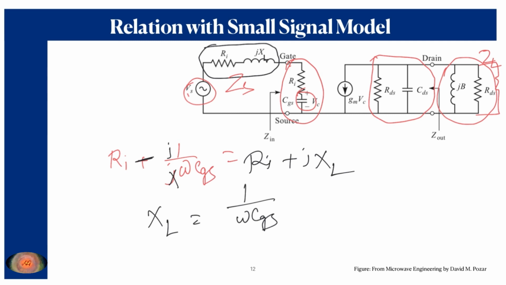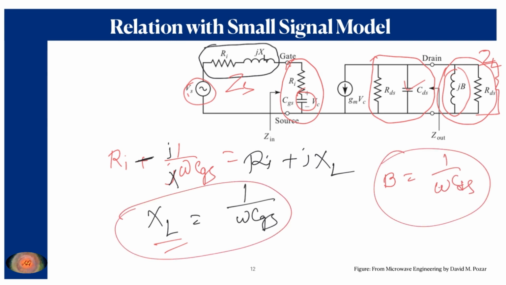Since this is a capacitor, in order to achieve this conjugate matching, I have to connect an inductor which has the magnitude B equal to 1 over omega CDS, similar to the previous case, or you can call it BL instead of only B. Therefore, by conjugate matching, you are basically eliminating the reactive elements within a circuit.